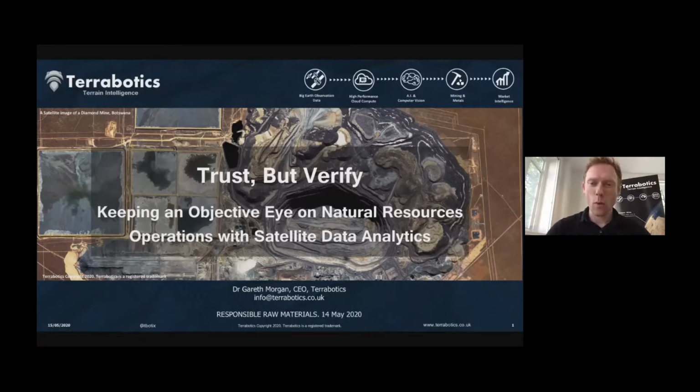So, we all know from what we've heard this week that ESG sentiment is a growing driver for the natural resources sector to ensure more sustainable practices, better environmental, social, ethical performance all round throughout the entire supply chain, to increase transparency and traceability.